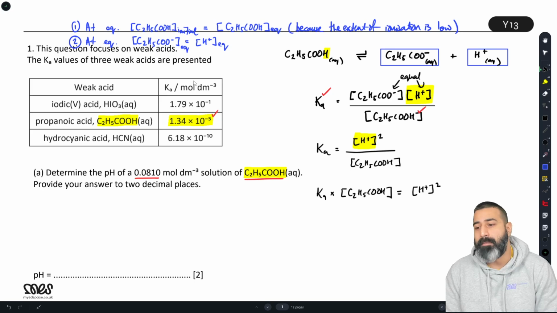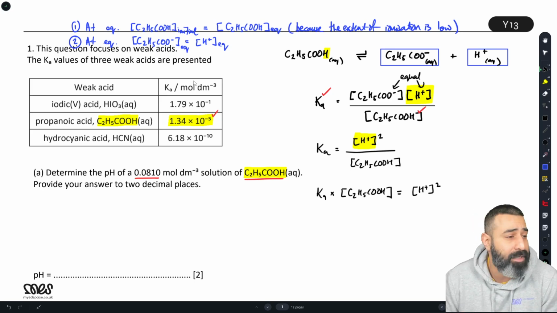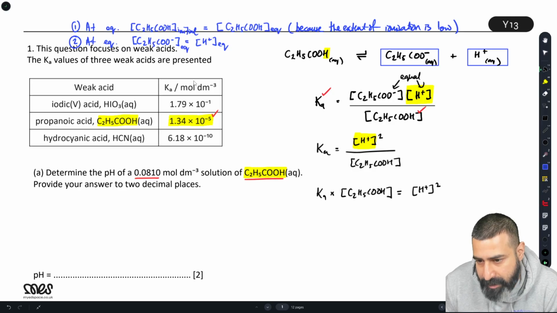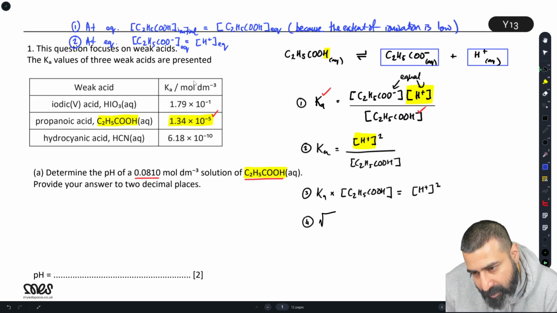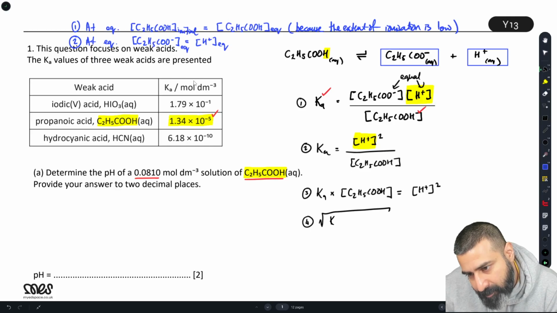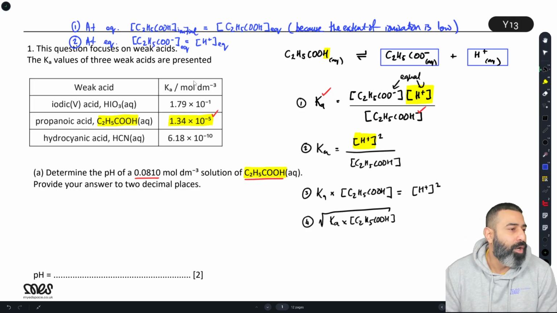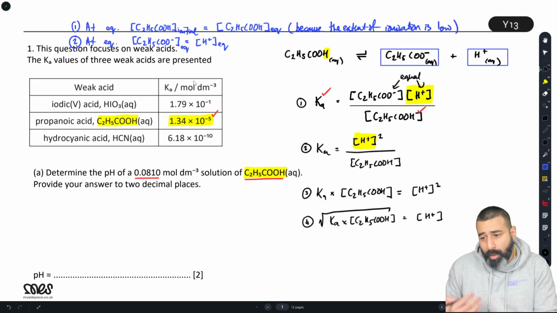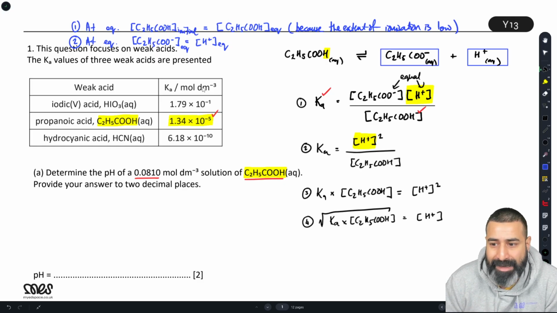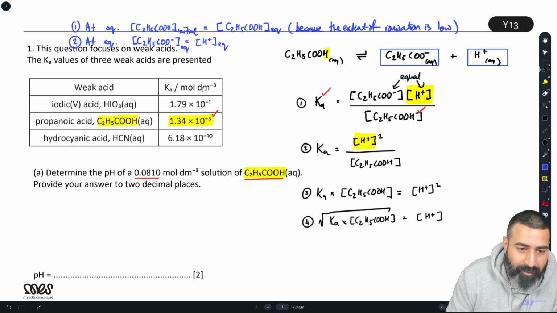And then I want to get rid of that pesky square term on the right hand side, so I'm going to take square roots of both sides. So if I square root both sides, what am I left with? I am left with square root of Ka multiplied by the concentration of C2H5COOH, and that is equal to H plus.